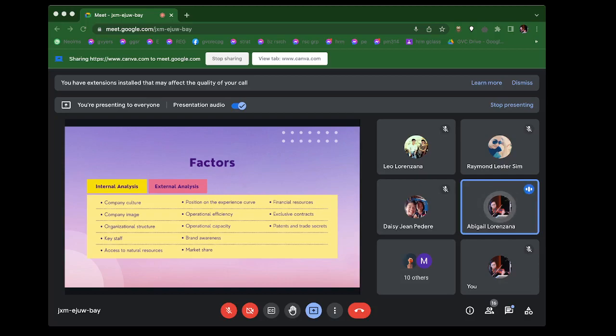Factors should be evaluated across the organization in areas such as company culture, company image, like how attractive your company is to customers and clients, and organizational structure, is there a proper hierarchy, do you have key staff, access to natural resources, position on the experience curve, operational efficiency, operational capacity, brand awareness, market share, financial resources, exclusive contracts, and patents and trade secrets.